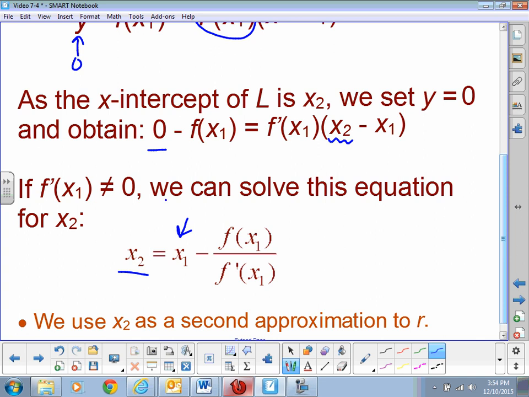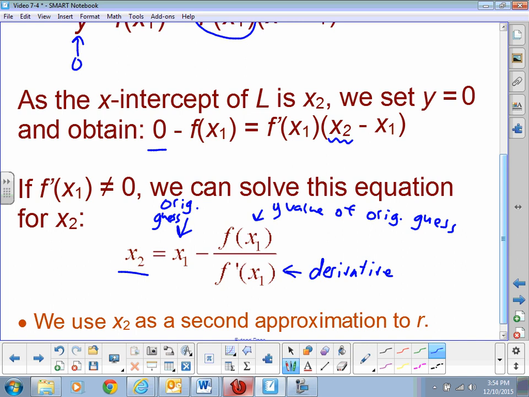So really what this is, to find our next x value, our better approximation of the root, this is our original guess. This is the y value of the original guess. And then this is the derivative at the original guess.